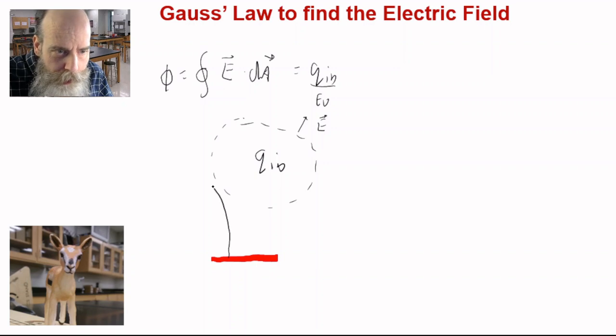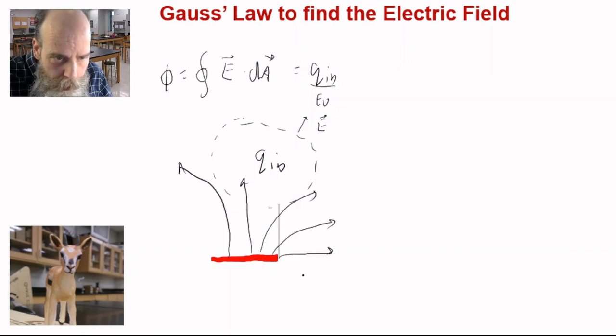So the electric field lines look something like this. They're straight, but then they start curving around. So you have something like this.